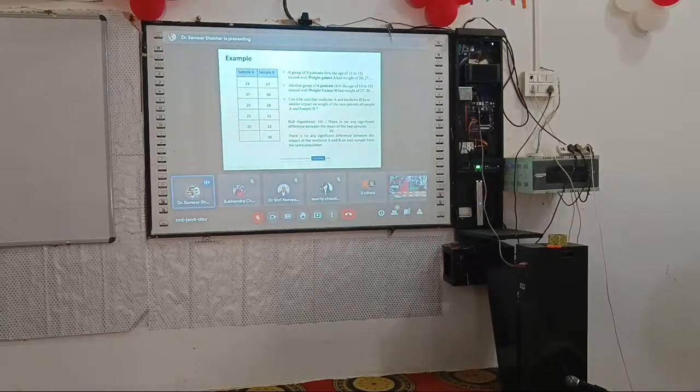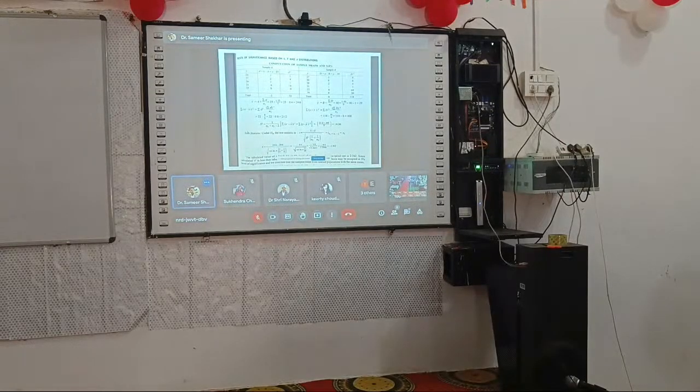One sample is taken here, one sample here, and the null hypothesis says that there is no significant difference between the means of the two samples. Or there is no significant difference between the impact of medicine on sample A and medicine on sample B from the same population, right? So here we can see the sample sizes.